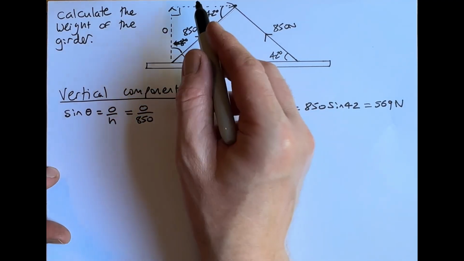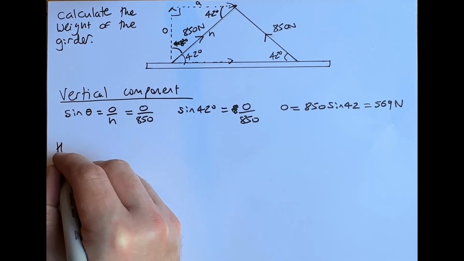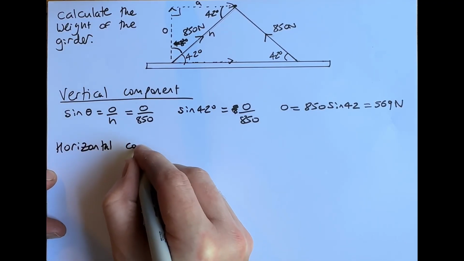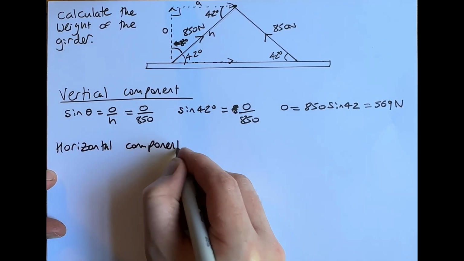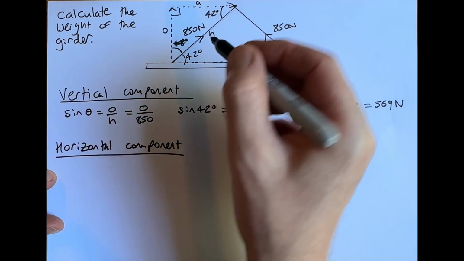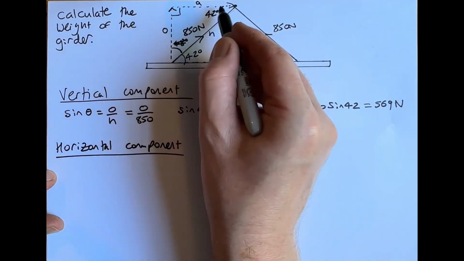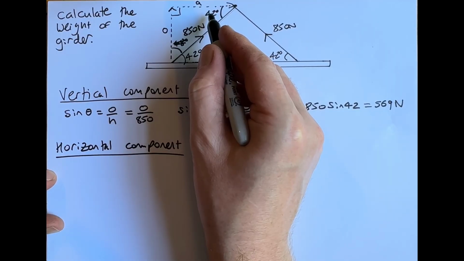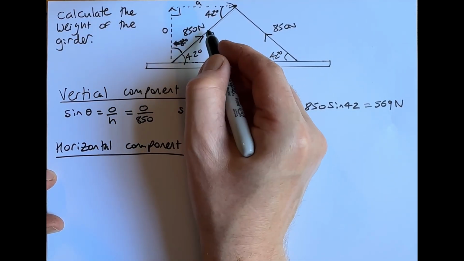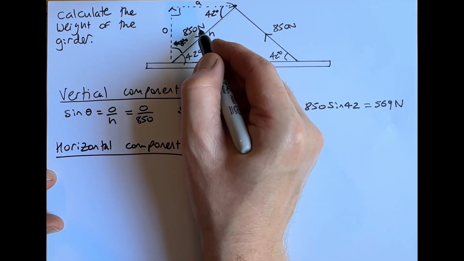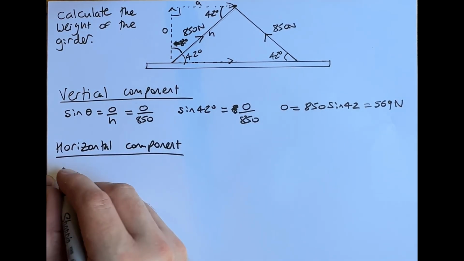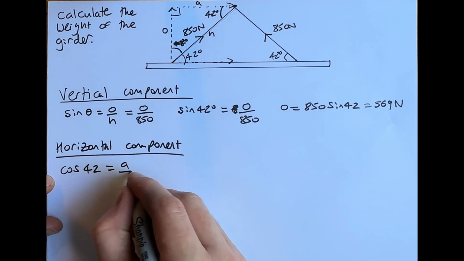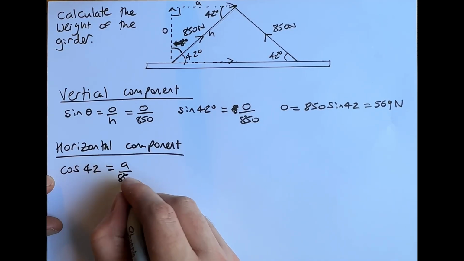Now, if we want to work out the horizontal component, then we do something similar. This time, this horizontal component here, which I've just translated up to there, is the adjacent to this 42-degree angle, and this is the hypotenuse. So this time we use cos 42 is equal to the adjacent over the hypotenuse, which is 850.